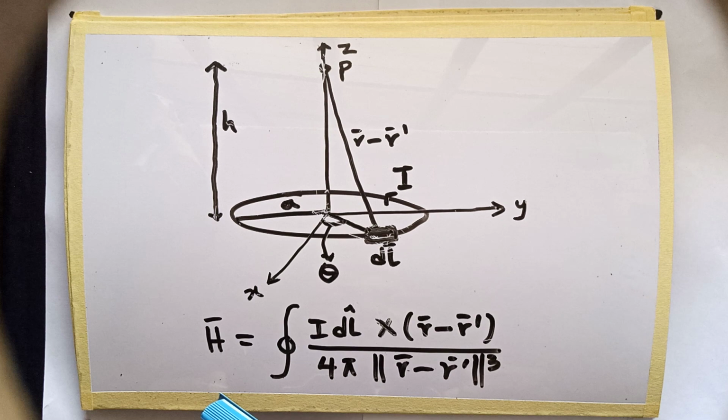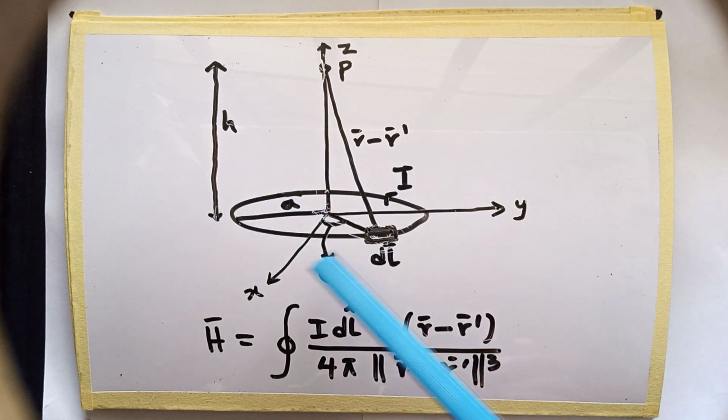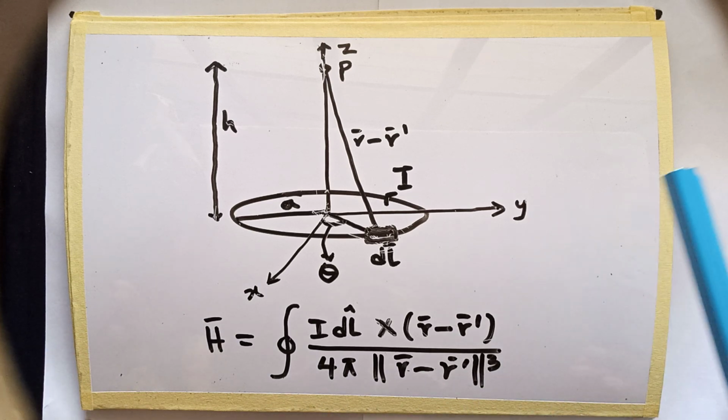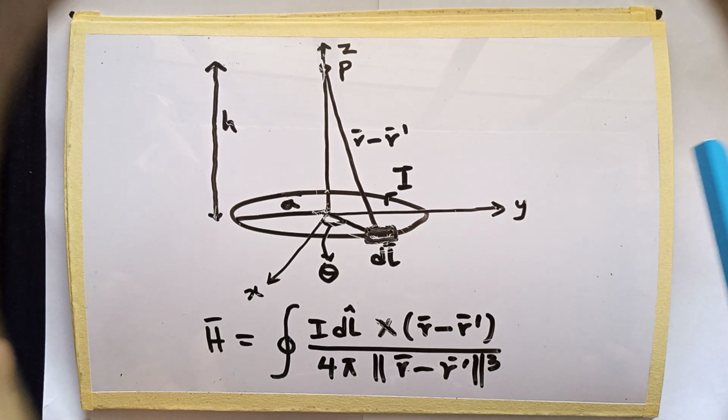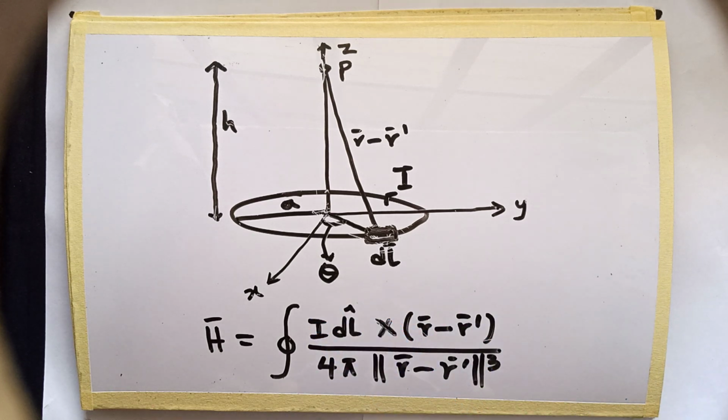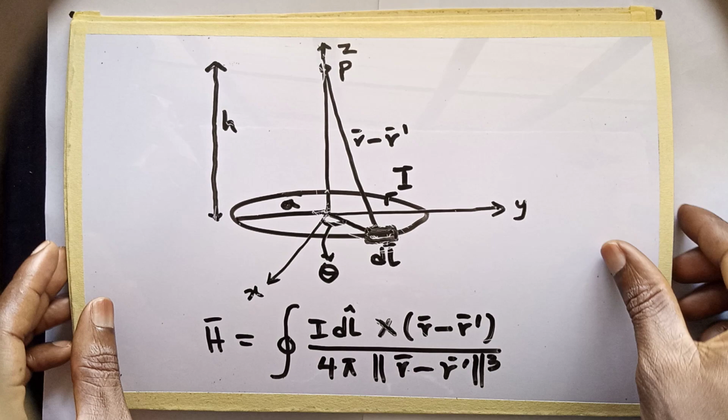Okay, so the magnetic field as a result of this entire circular loop is given by this formula, and this formula is known as the Biot-Savart law. Once we know this value and we know this value, then everything is easy for us to solve. So to get these values, we move on to the next slide.